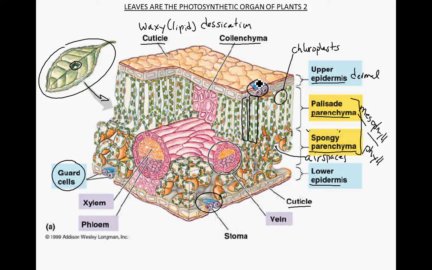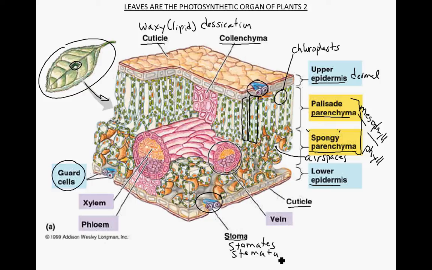These guard cells, which I'll show you in another slide, are not protecting, but are guarding the opening between them. The opening is known as the stoma, plural stomates, but also sometimes stomata, depending on who you're talking to.